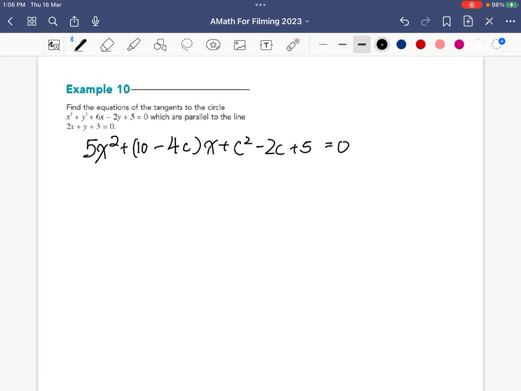Therefore, the discriminant will be equals to 0. So I will say D is equals to 0 as tangent meets the circle at one point.